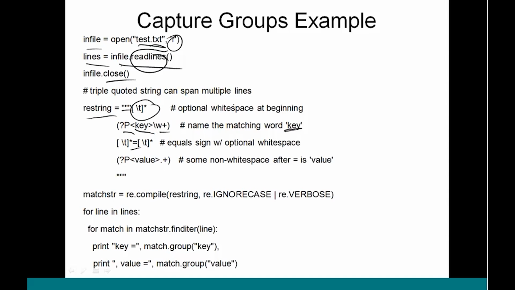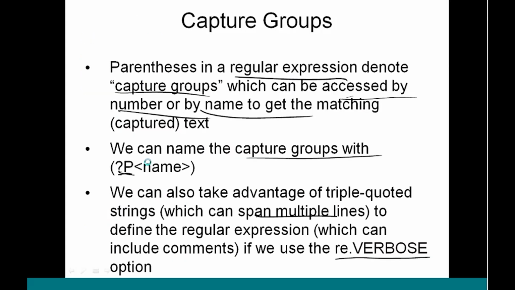Wherever there is an equal sign, the non-space after the equals is the value. So we match the key and we match the value, and they are stored in key and then value, as we saw here with the P name.